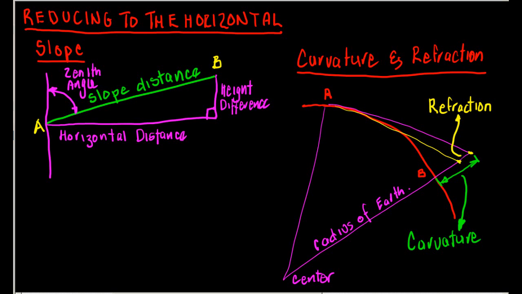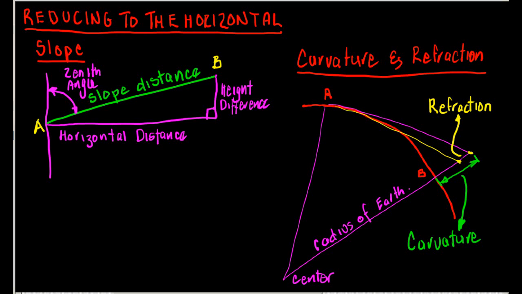This is a straight trigonometrical relationship that we should be reasonably familiar with and be able to work out. The formulas for these things are all included in the textbooks and notes and quite easily found. However, coupled with the slope distance reduction is the curvature and refraction correction.